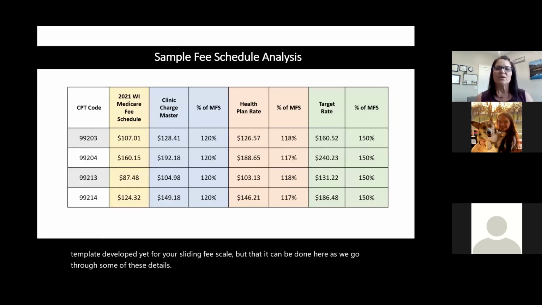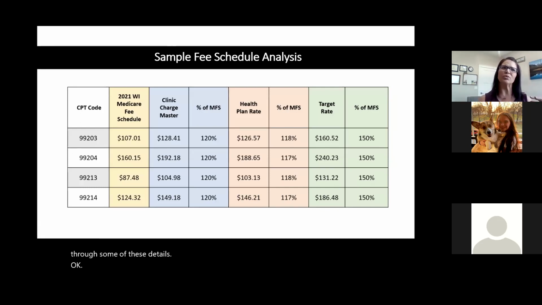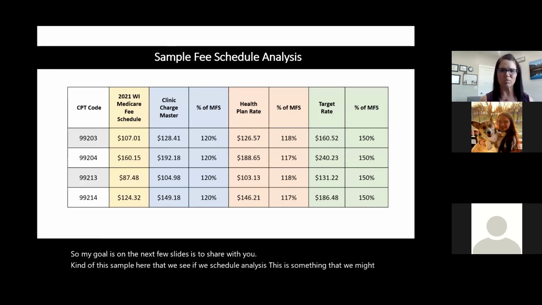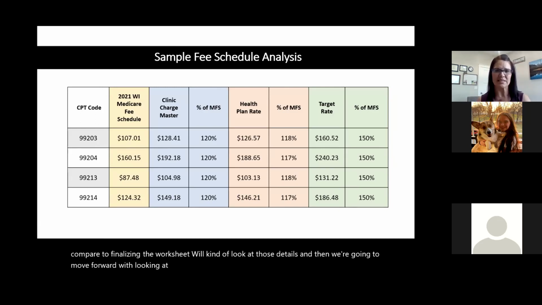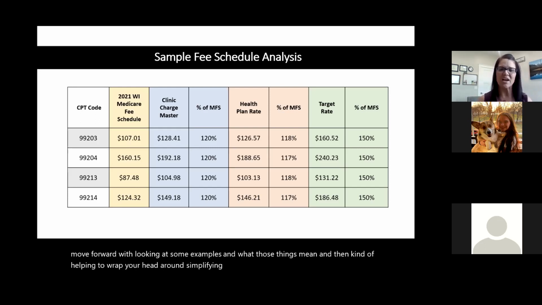Okay, so my goal on the next few slides is to share with you this sample of a fee schedule analysis. This is something that we might compare to finalizing the worksheet. We'll look at those details. Then we're going to move forward with looking at some examples and what those things mean, and then helping to wrap your head around simplifying those details into maybe a 5-code model sliding fee scale.